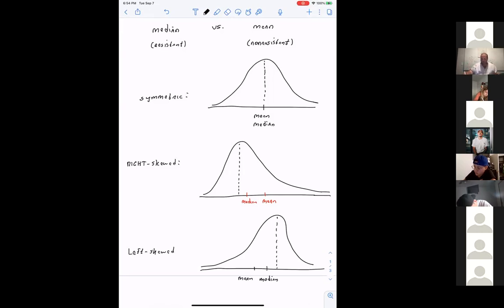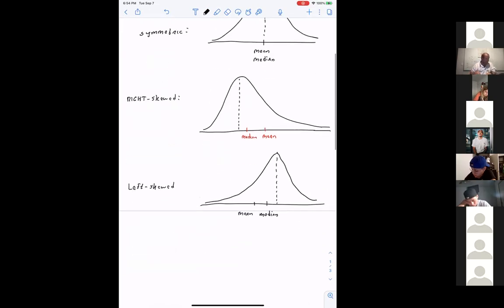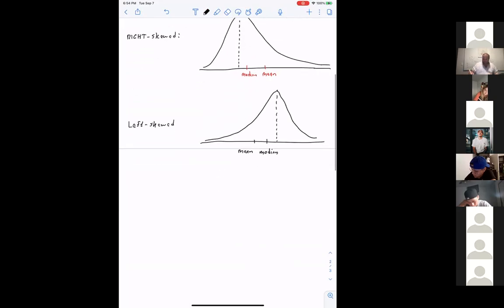But for our class, the mean will always shift more than the median. And that is another manifestation of this concept of resistant versus non-resistant. Does that make sense? Yes. Okay. So that's all about measuring center.